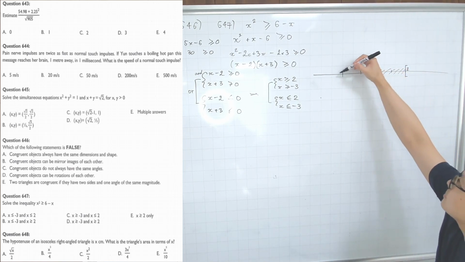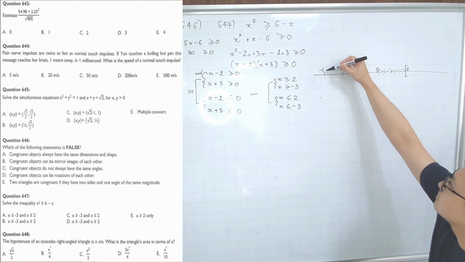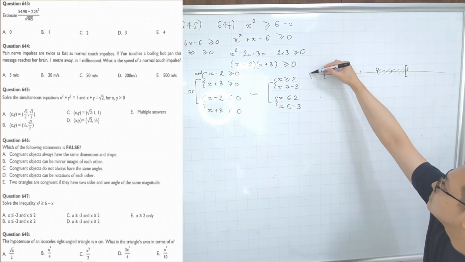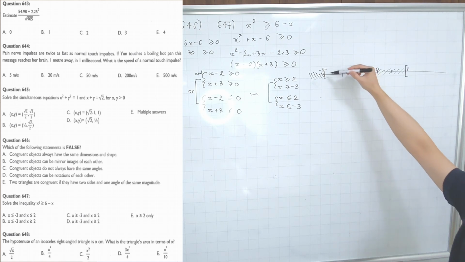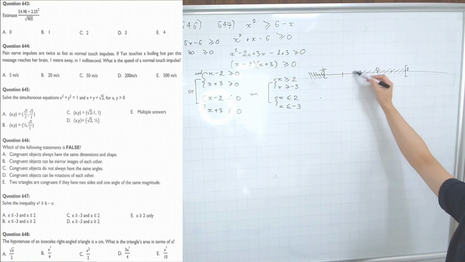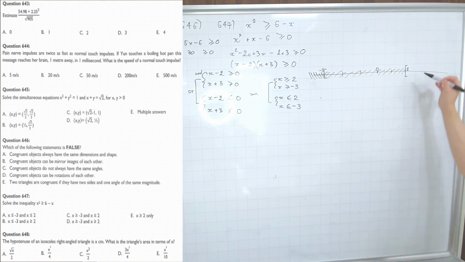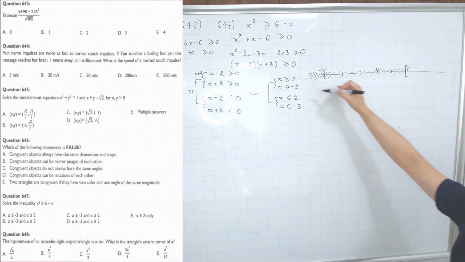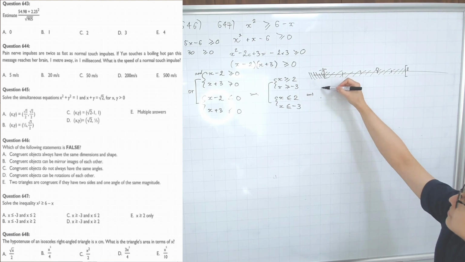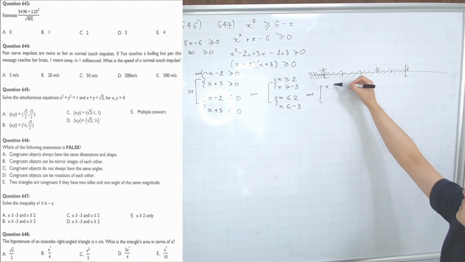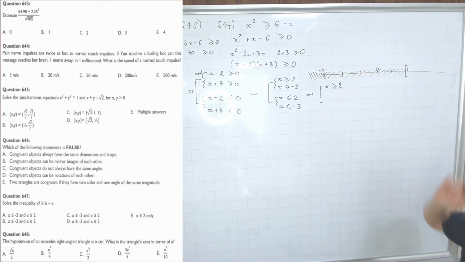Minus 1, minus 2, minus 3. So it means that you have to eliminate all of these things and only count this part, right? So it means that x is bigger or equal to 2.